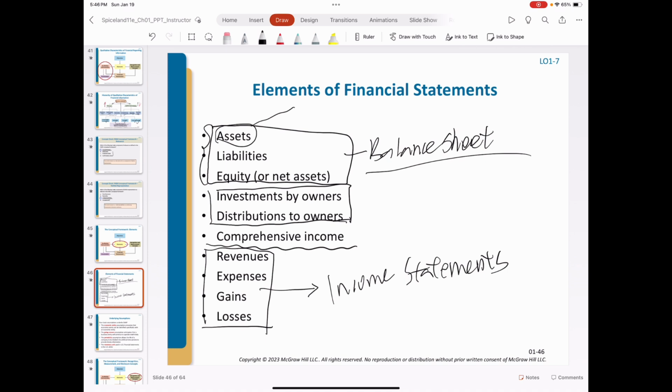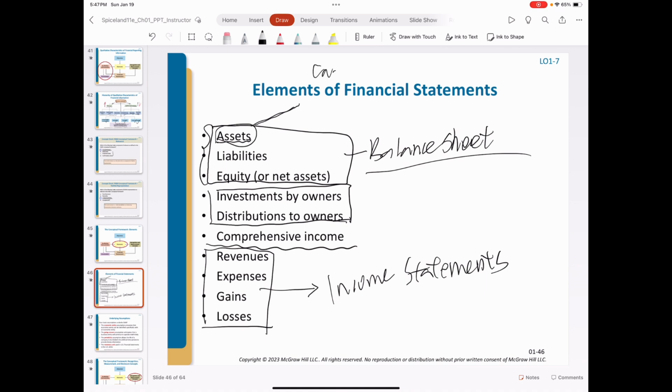The reason is that different assets have different characteristics. For example, they have different liquidity, right? Different formats, so we report assets in different accounts.